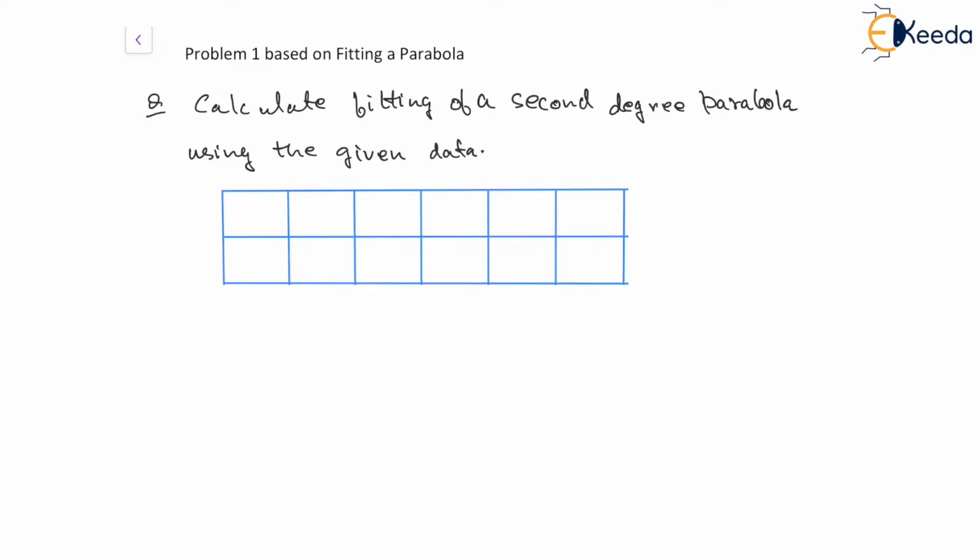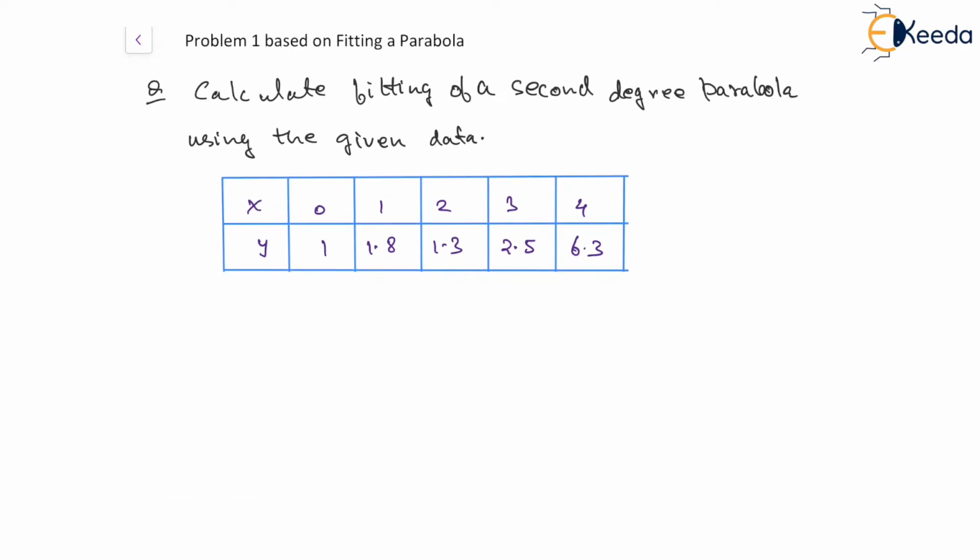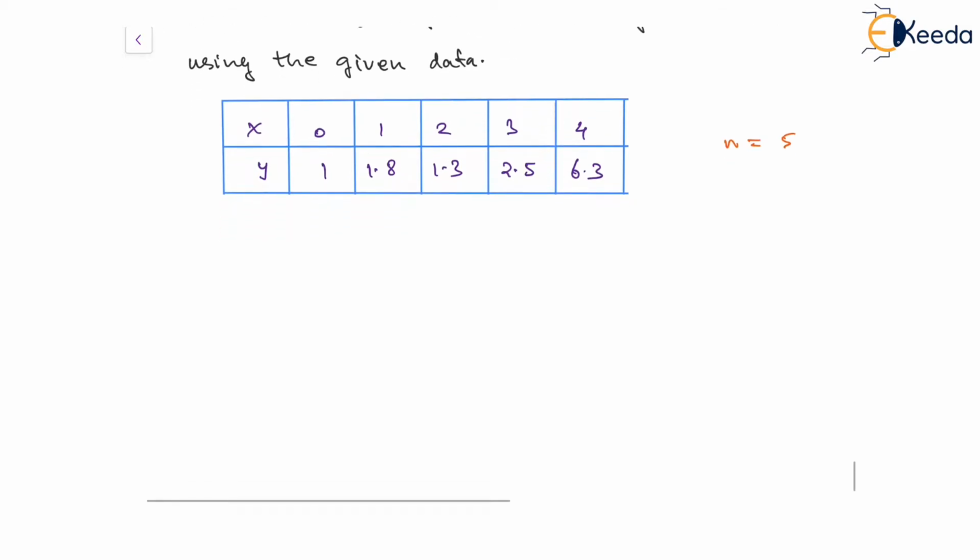So the data given is x: 0, 1, 2, 3 and 4, with y values 1, 1.8, 1.3, 2.5 and 6.3. Now, forming a second degree parabola equation for the given data, the number of data points provided is 5, so n will be equal to 5 here.